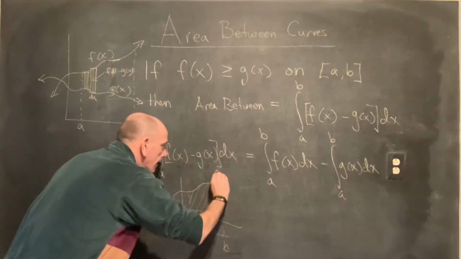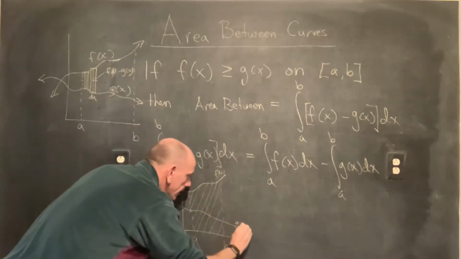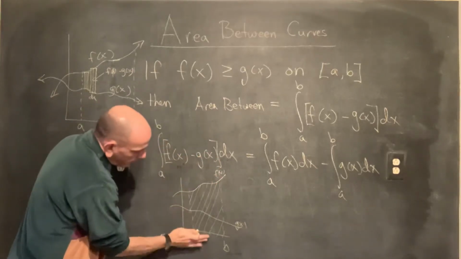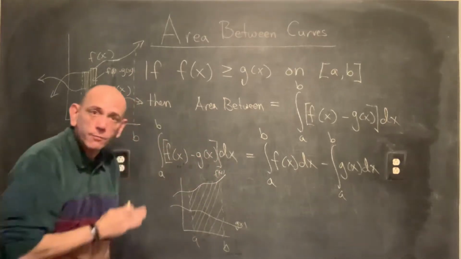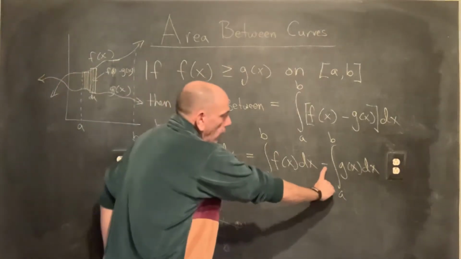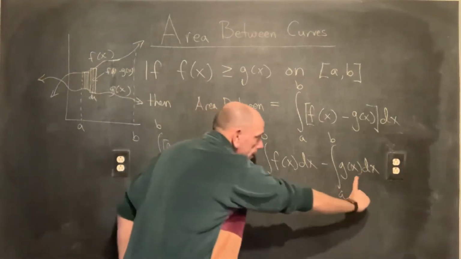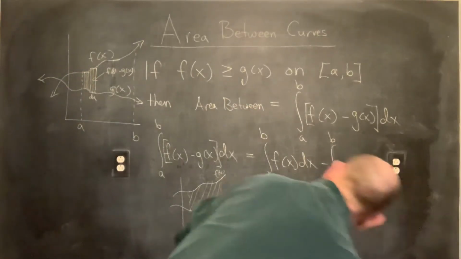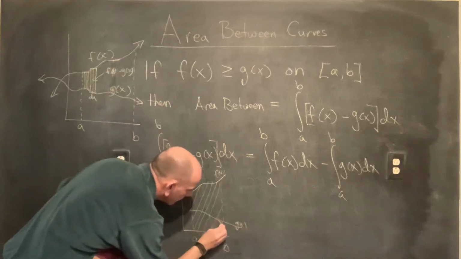Here's my f, and here's my g. So the integral of f is all of that area underneath of f, between f and the x-axis. Now we're saying take away the integral of g of x. Take away the area that's underneath of g of x, which would be this stuff.